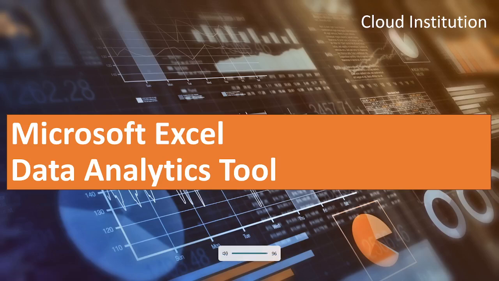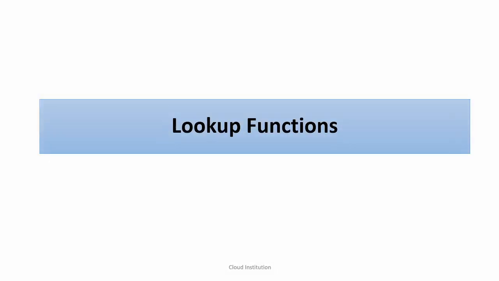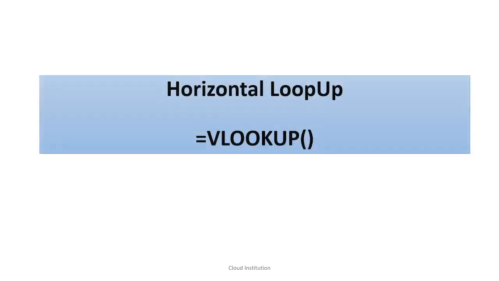Hello friends, let's continue with another important section, that is lookup functions in Excel. Now as you can see, the word lookup basically means that we try to look up the data to find the corresponding values. So we basically have two types of lookup functions in the earlier versions.